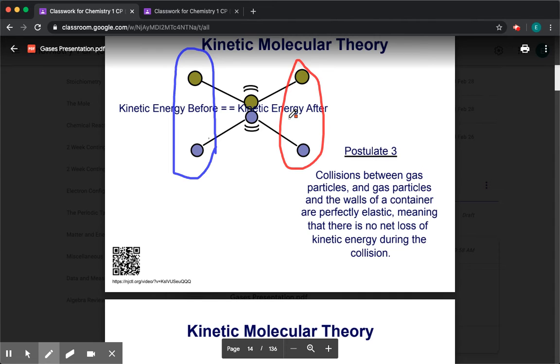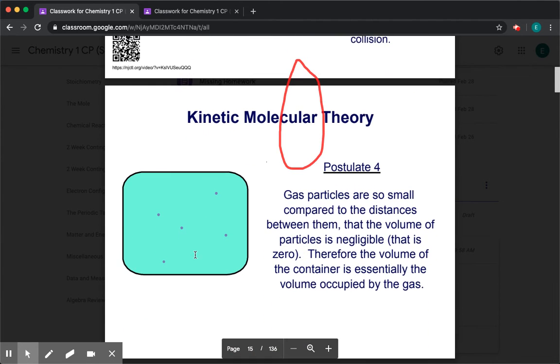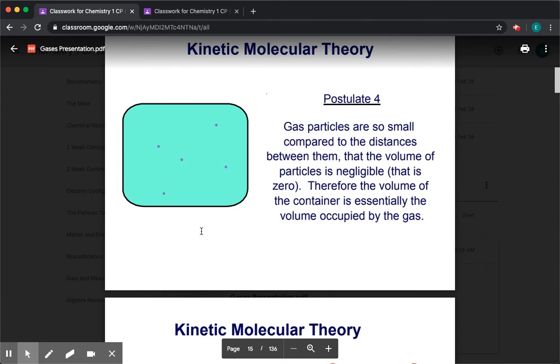This is important because this means that gases do not break the law of conservation of energy. Okay, we always say energy cannot be created or destroyed. So energy can't appear out of thin air. However much energy is there is the energy that's there, period. Okay, so that's what this third idea is saying. When these molecules crash together, they transfer energy to each other 100% perfectly, but nothing new is gained and nothing is lost. Okay, now we have the fourth idea.